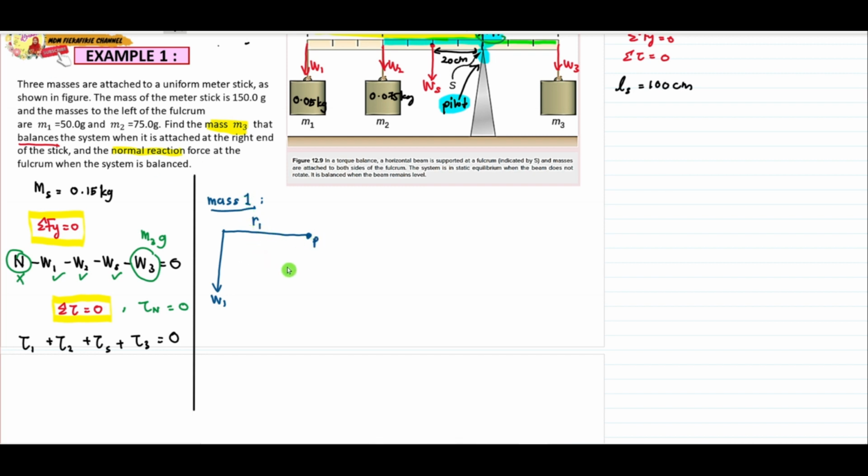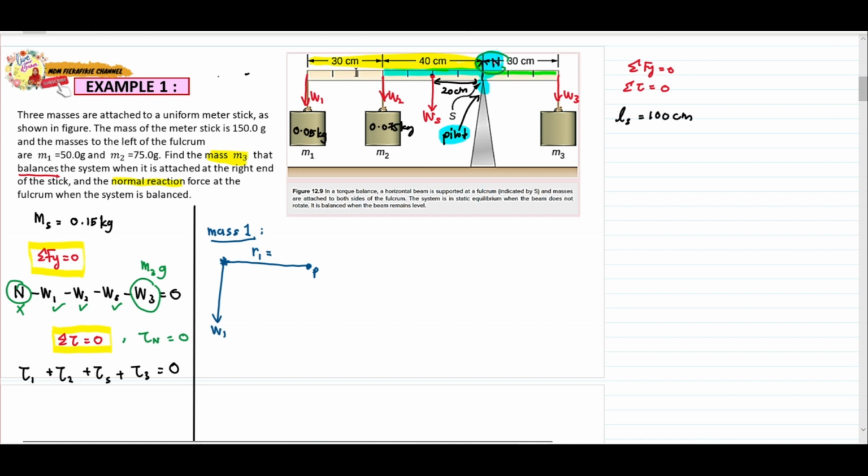So R1 is the distance from the pivot point to the place where the force is placed, which is W1. So R1 we already saw is 70 cm, look here, it is 70 cm from the pivot. So I should write here 0.7 meter. And for W1, I will directly calculate, which is mass 1, 0.05 kg times 9.81. Okay, let's write it like that first.